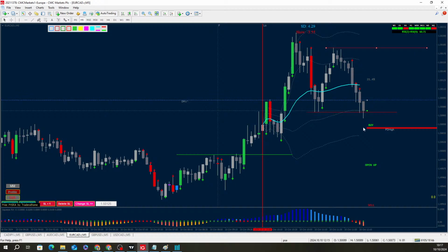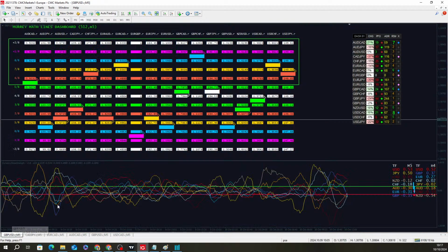Once this move finished, we wait for the pullback to take out this liquidity here, and that will be a good one to short there. Okay, so I'll move this here. Let's move the dashboard here and keep an eye on the dashboard.